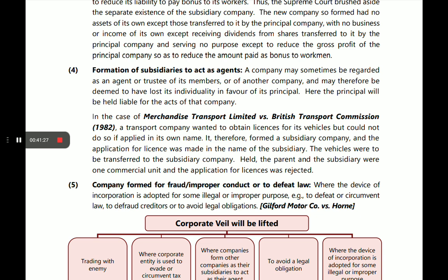In the case of Merchandise Transport Limited versus British Transport Commission, 1962, a transport company wanted to obtain licenses for its vehicles but could not do so if it applied in its own name. It therefore formed a subsidiary company, and the application for license was made in the name of the subsidiary.